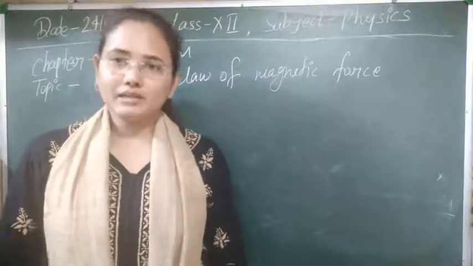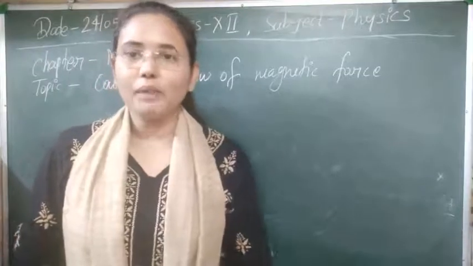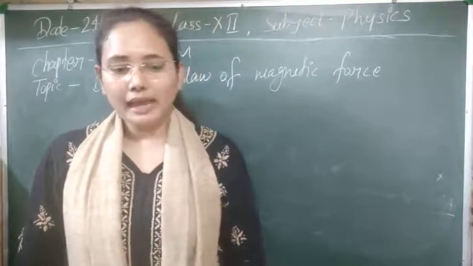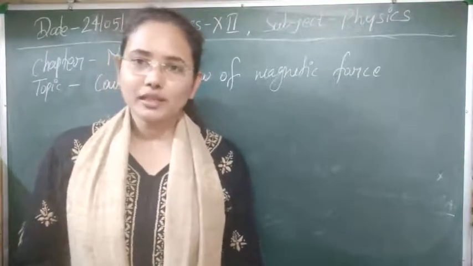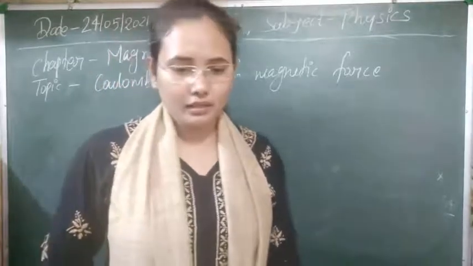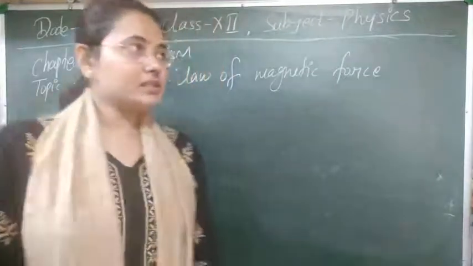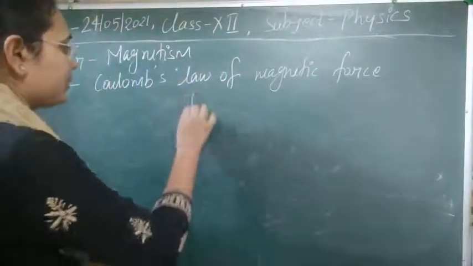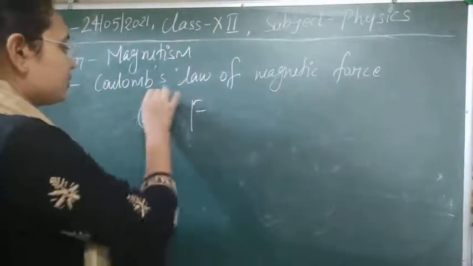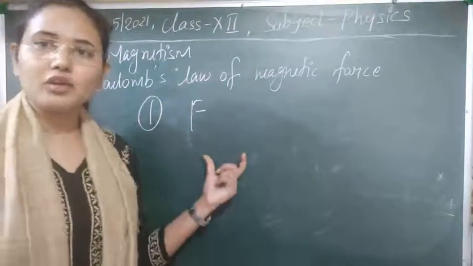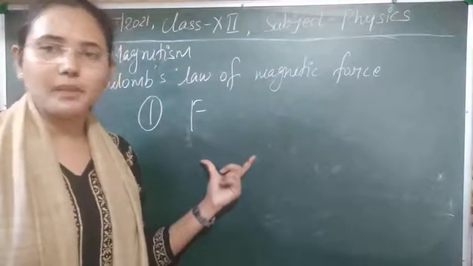the force of attraction and repulsion between two magnetic poles is directly proportional to the strength of the poles. Suppose F is the force of repulsion or attraction between the two poles of the magnet.